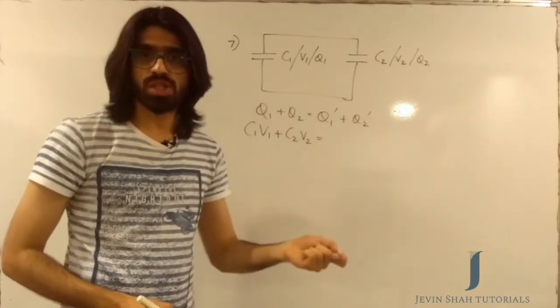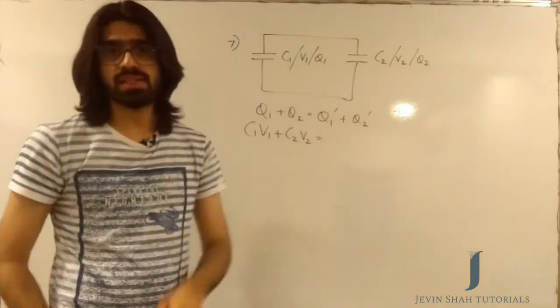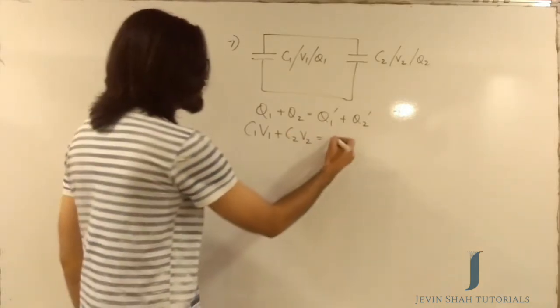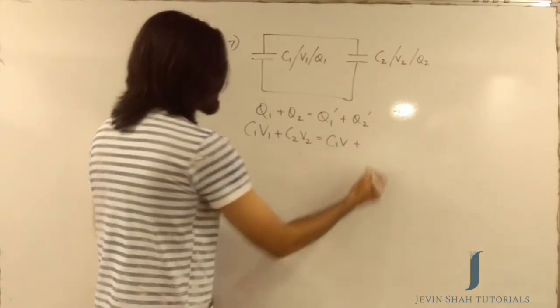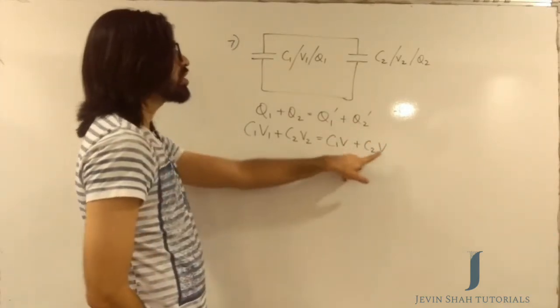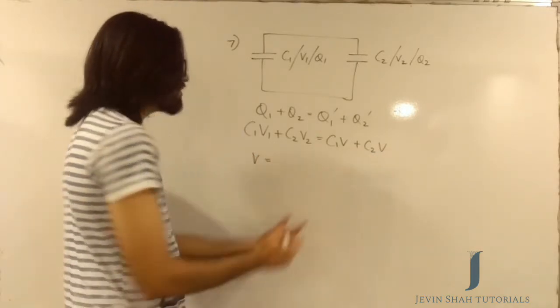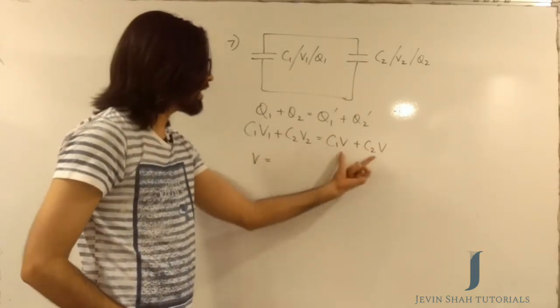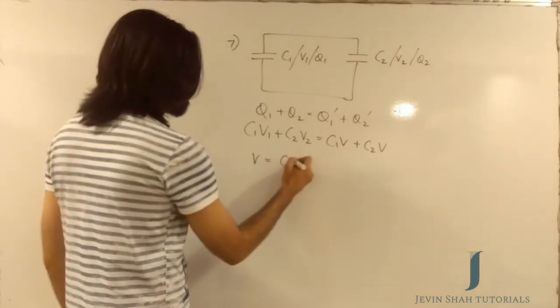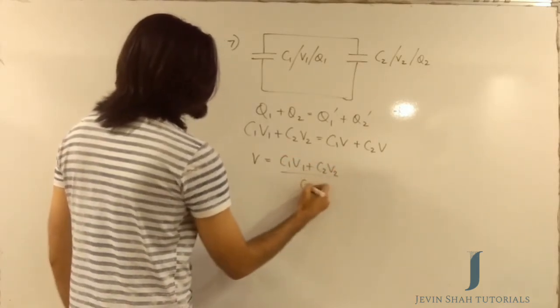And because the potential is common, the value of potential for both of them finally is the same. So the charge on this would be C1V plus the charge on this would be C2V, where that V is your common potential. So finally I can say that the common potential V can be given by C1V1 plus C2V2 upon C1 plus C2.